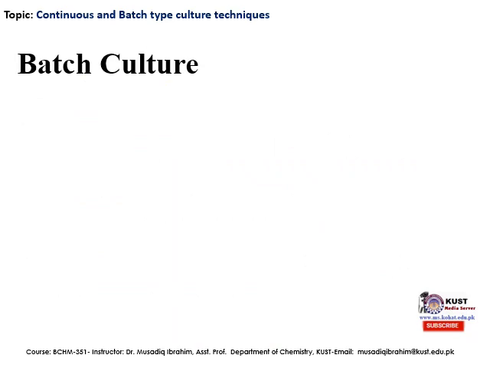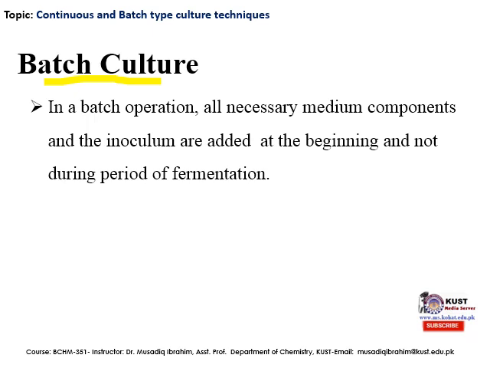Now, first of all, we will be discussing the batch culture. So in case of batch culture within a fermentation process, all the necessary medium components, the nutrients, along with the inoculum, which is the starter culture, are added at the beginning, which means at the start of the fermentation process, and not during the period of fermentation.